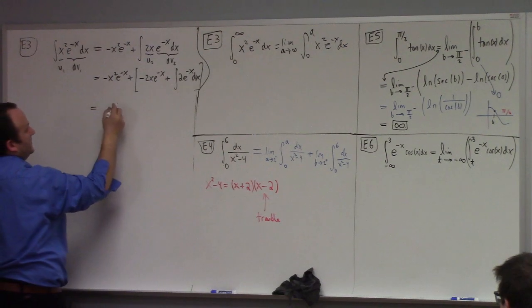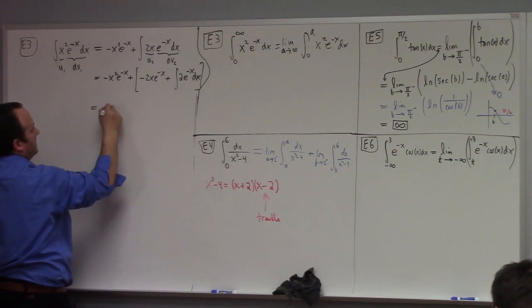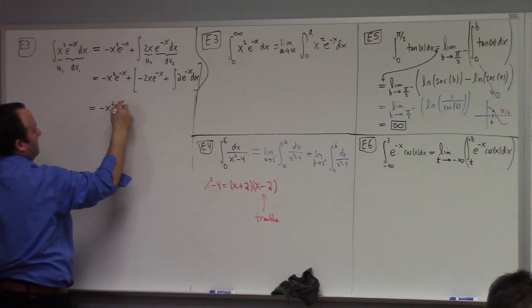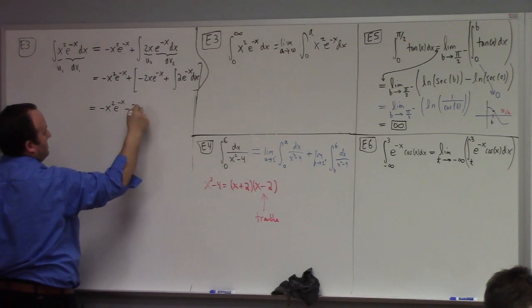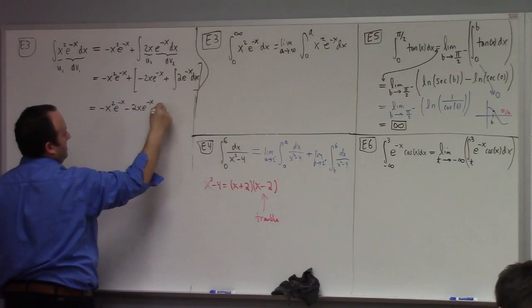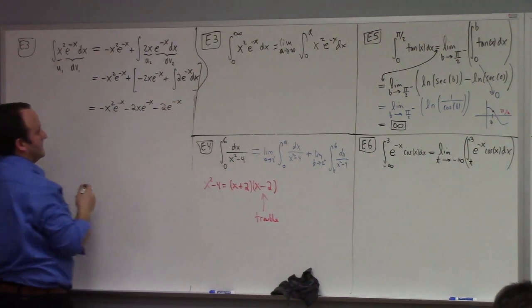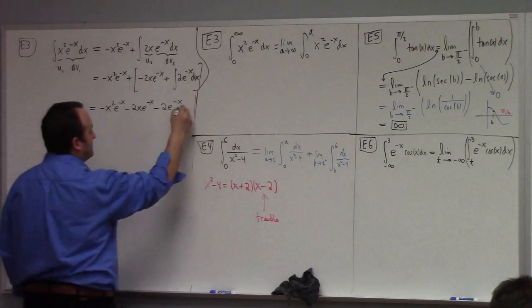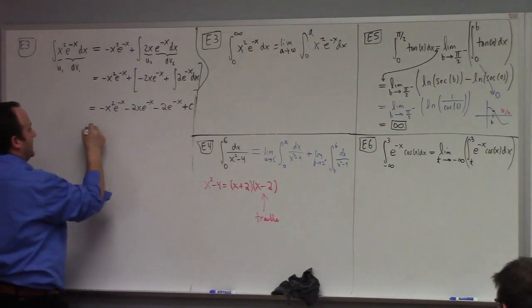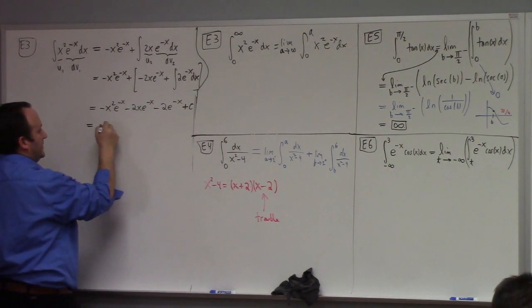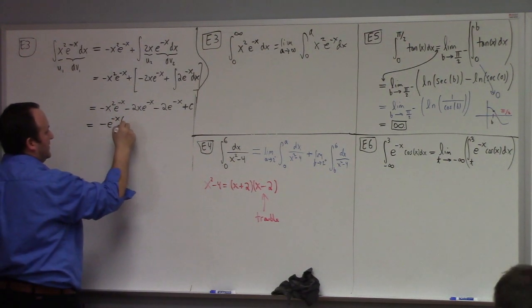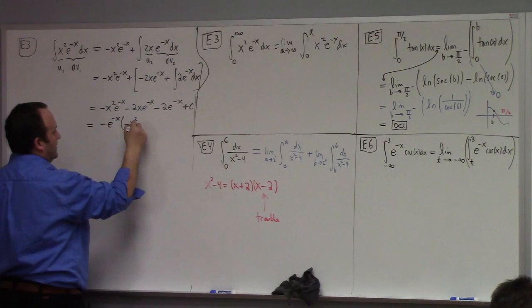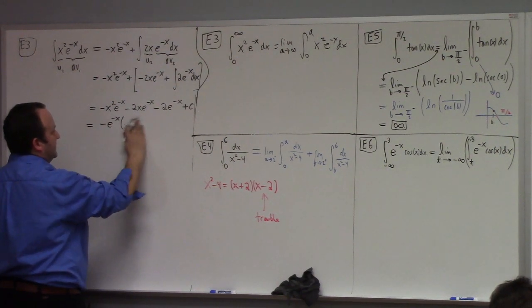And so this is what? Plus a constant, right? So I'm going to repackage this a little bit. This is really minus e to the minus x times x squared.